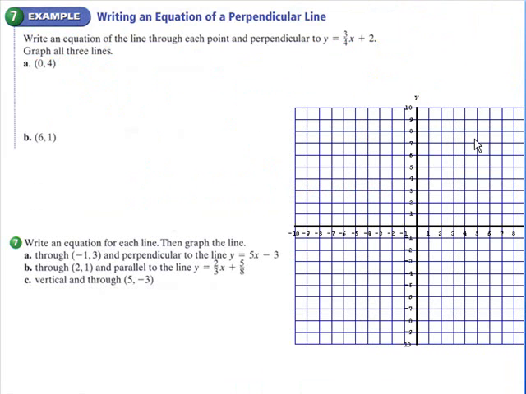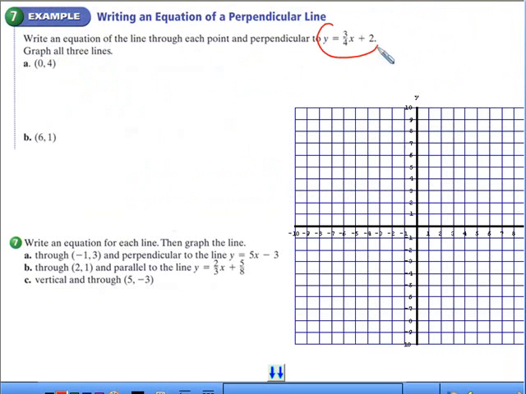Now, writing the equation of a line perpendicular to another line. So we've got this equation right here, and the slope is 3 over 4. Now, we want to find the equation of a line perpendicular to this line, and going through this point.